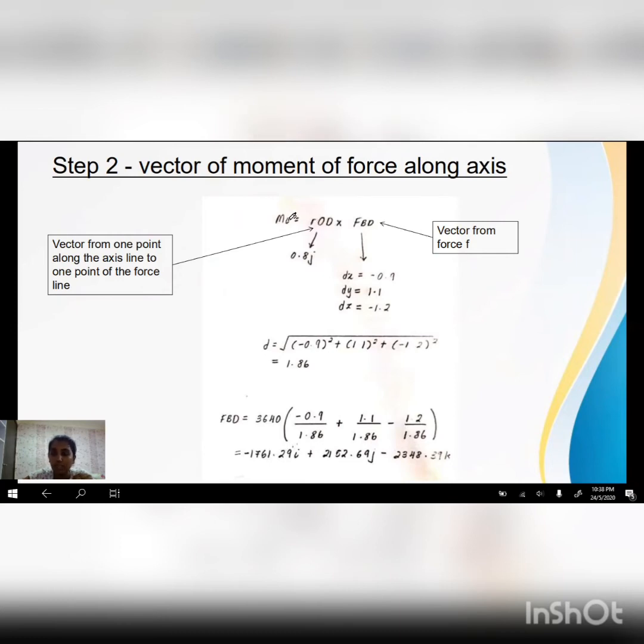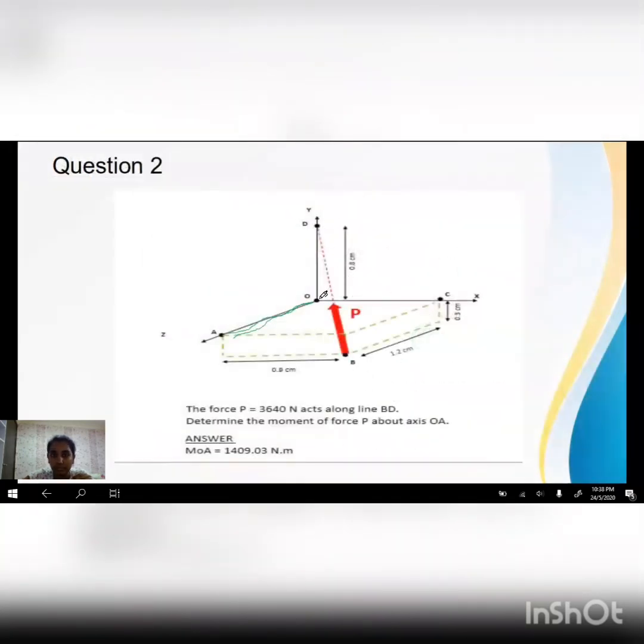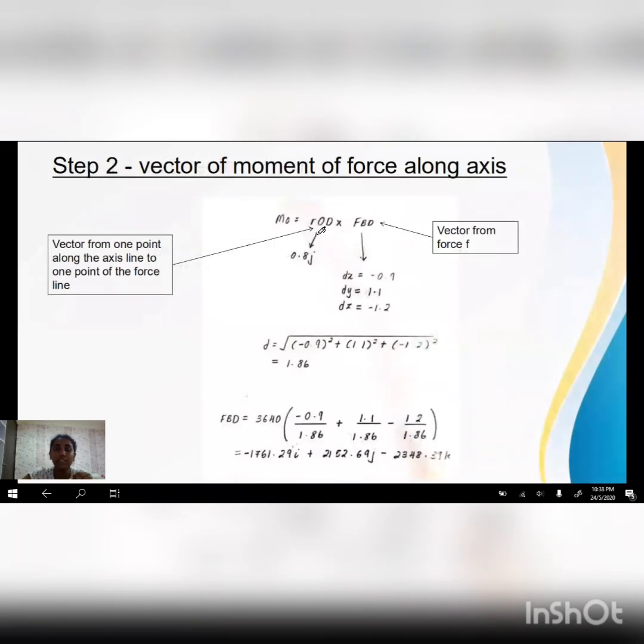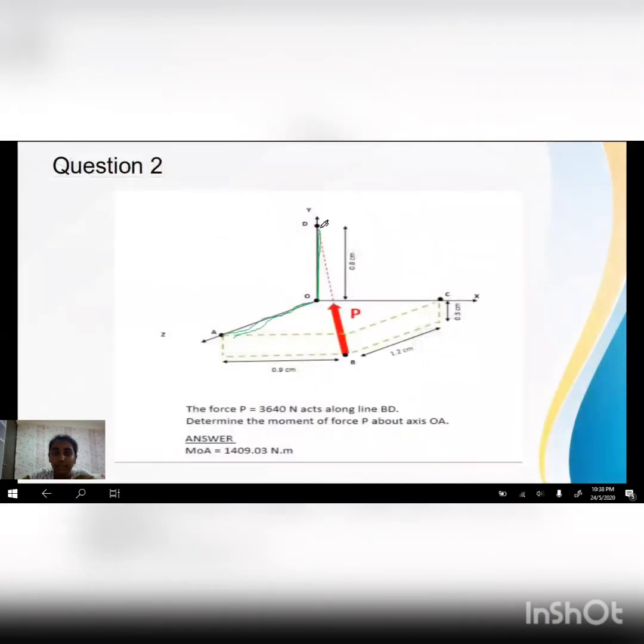I need to tell you how we extract this formula, ROD times FBD. ROD is actually any line which connects to the force. We can also take ROB because it's connecting to the force BD, or we can take OD as well since it's connecting to the force BD.